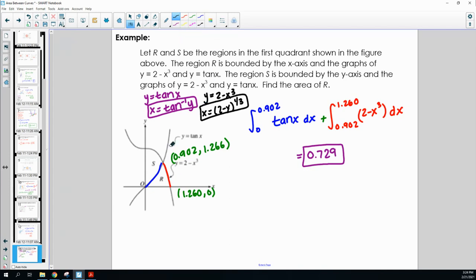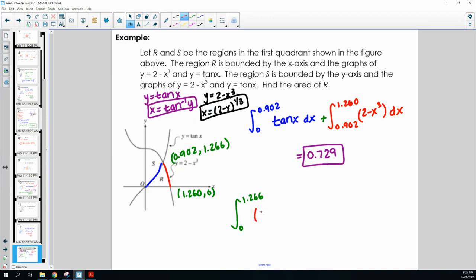So now when I go to use the functions, I have to use these functions instead because they're in terms of y. So here we would have the area would be the integral from, and now because we're going right minus left, our integral has to go from the lower y value to the upper y value. So my lowest y value is going to be 0, and my upper y value is going to be this 1.266. So the integral from 0 to 1.266 of the right function, which was this y equals 2 minus x cubed, but we changed it in terms of y.